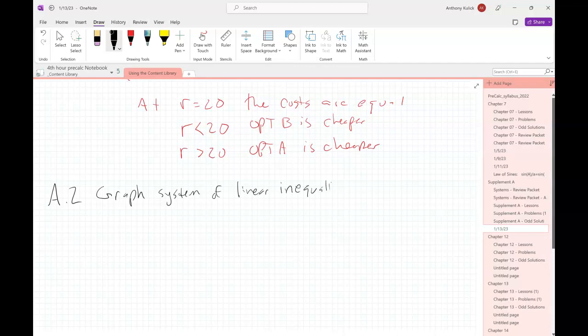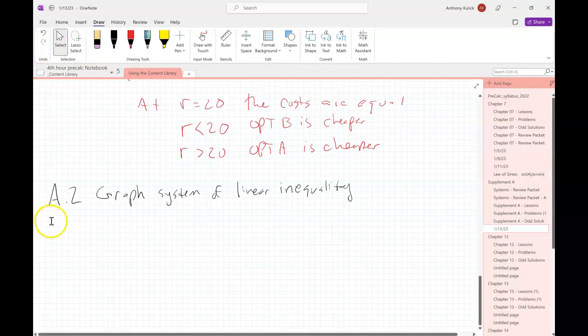What's the difference between an equation and an inequality? An equation has an equal sign. Inequalities have, yeah, greater than, less than or equal to, something like that in there, right?